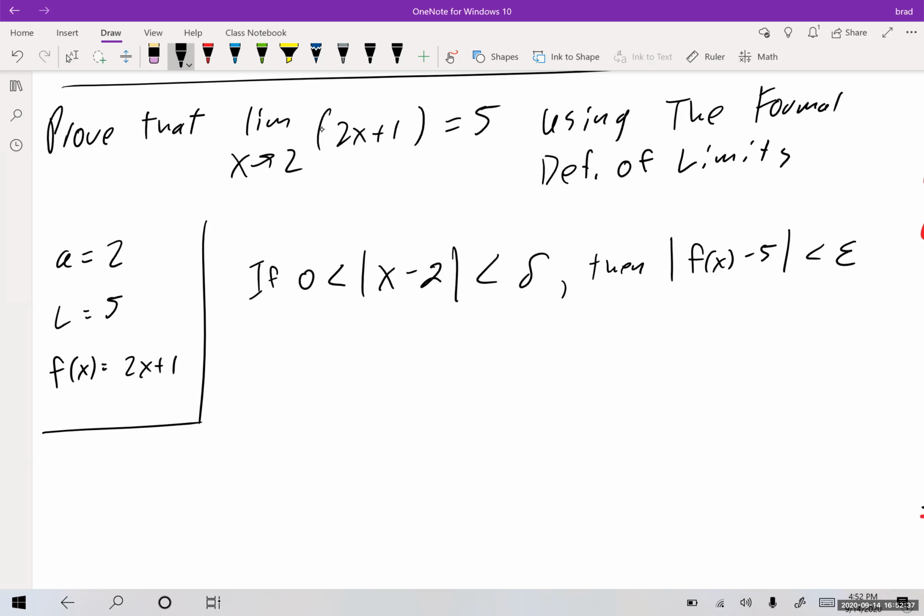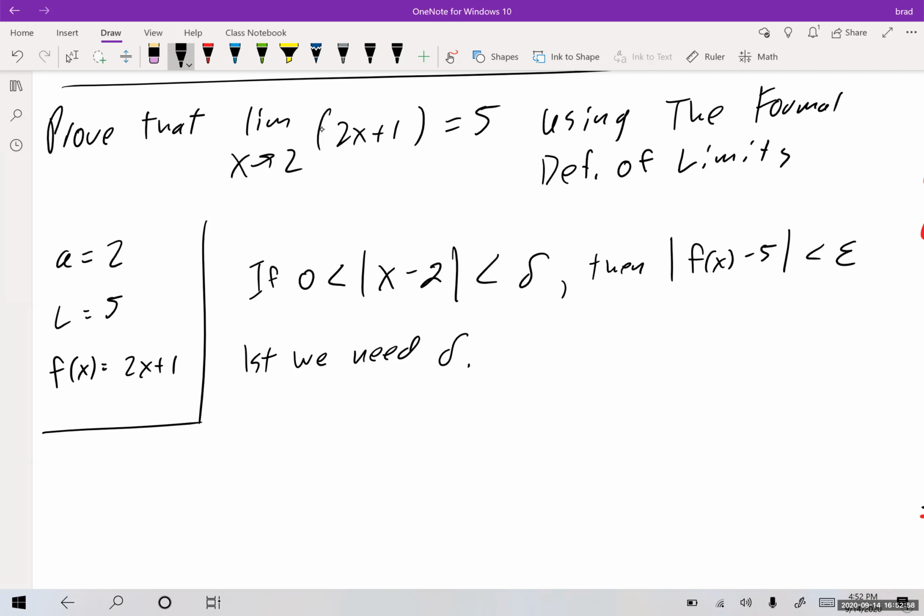Okay, so we're going to need to find a delta that will make this work. So first, we need delta. Let's see.